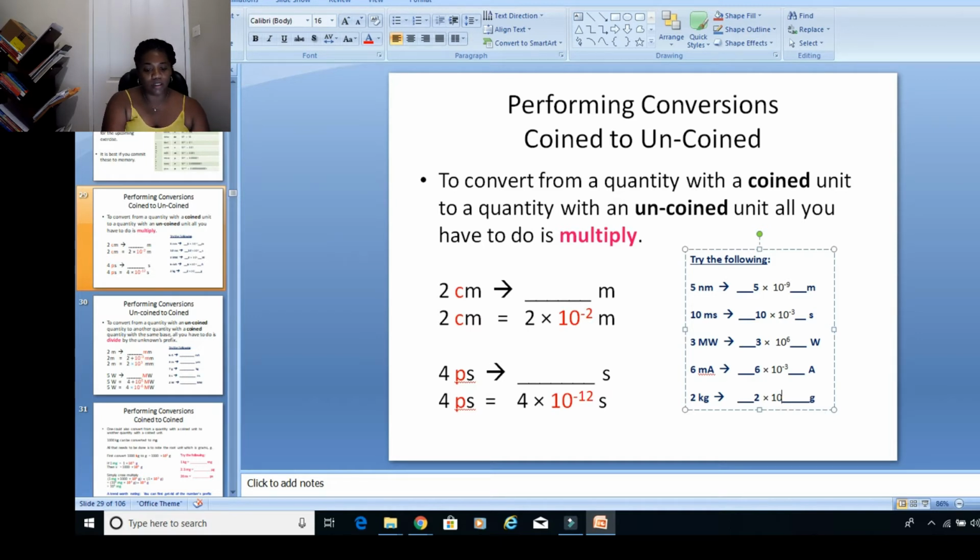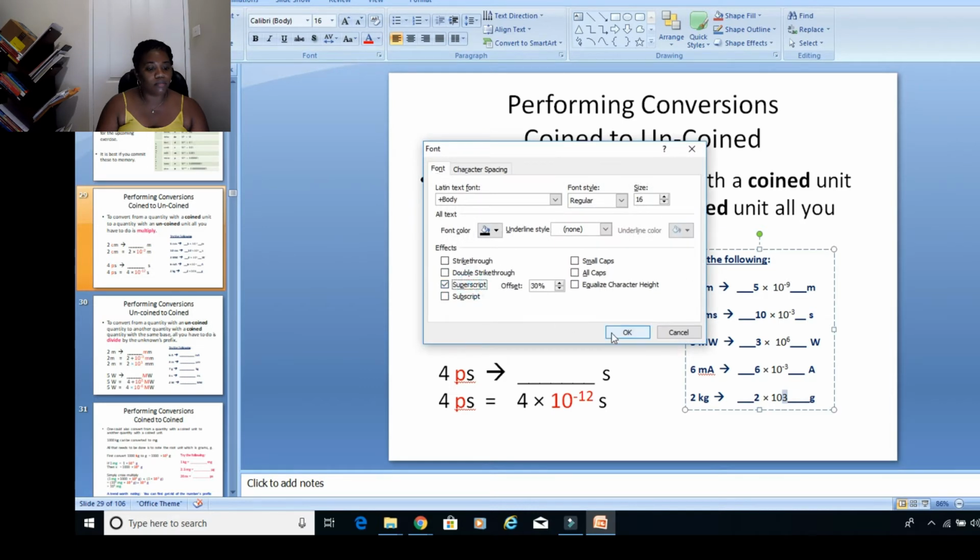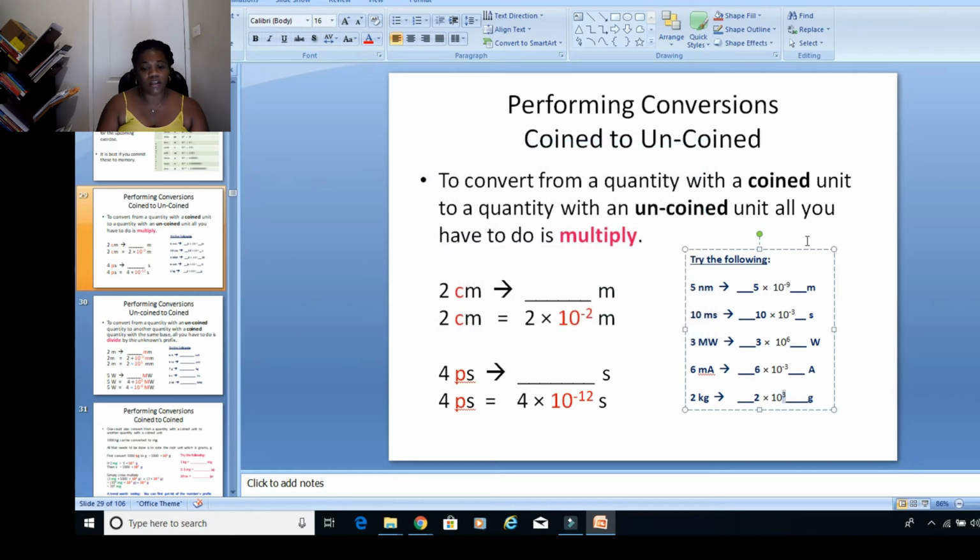And that's why I always impress upon you to just commit them to memory, because you're going to need them, and you don't want to be going back all the time, every minute wasting time, right? And as a matter of fact, they don't give them on the CXC exam, so you might as well commit them to memory early. So I hope you got all of these.